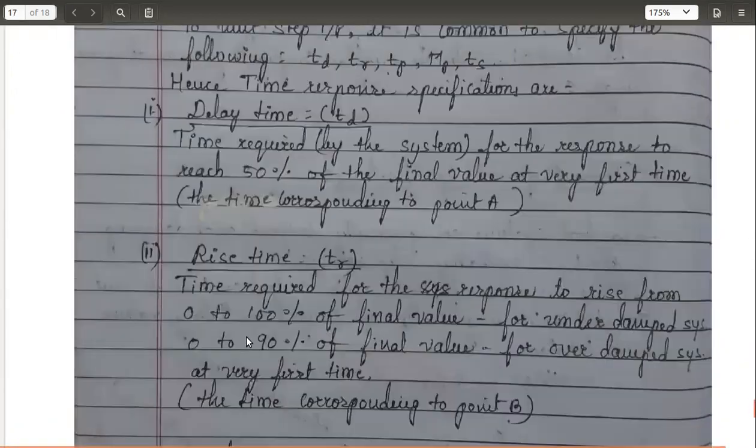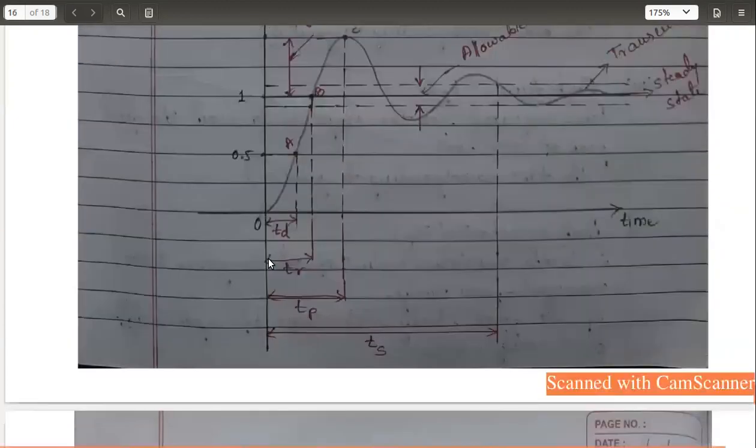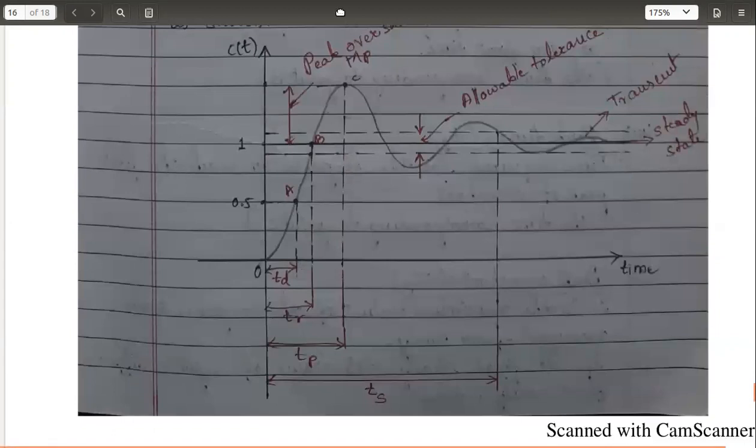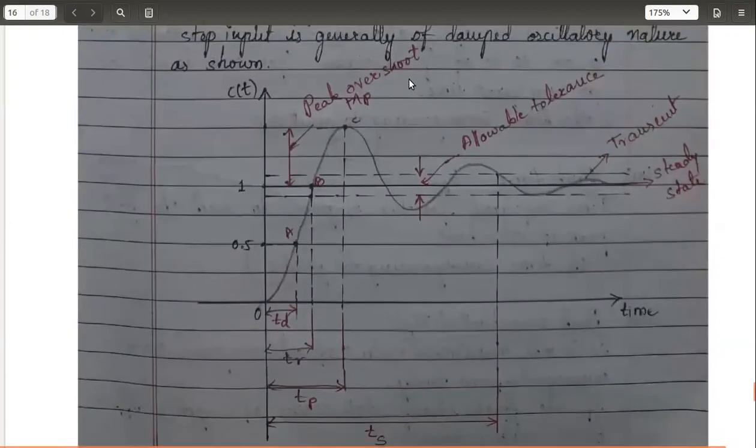The second case I have given is for overdamped systems. For an overdamped system, it is not 0 to 100%, it is 0 to 90%. So if I want to draw the rise time for an overdamped system, how can I write? If this is 0 to 50, half, okay, this is 1, here it will be 0.75. So somewhere around here, you will get 0.9.